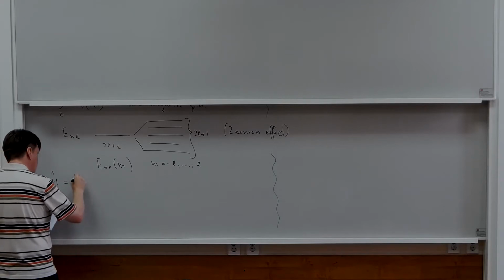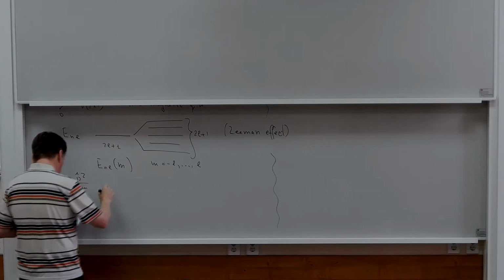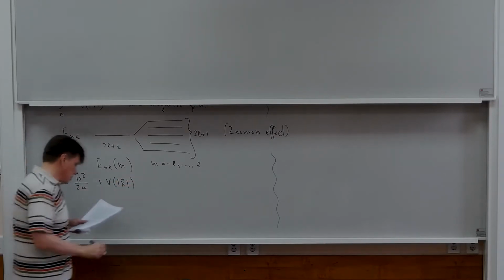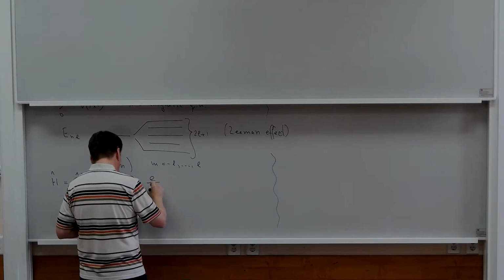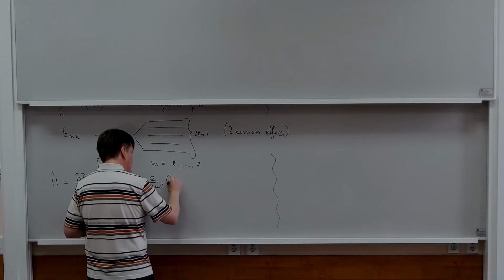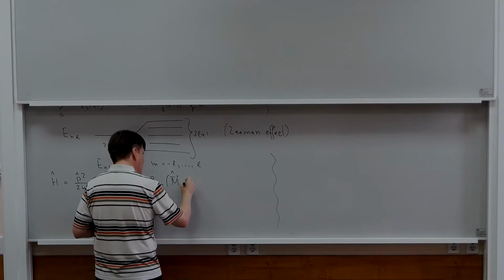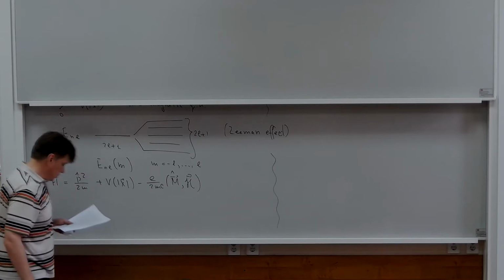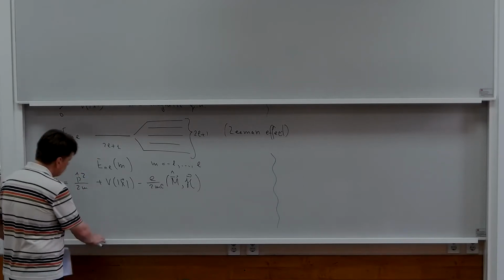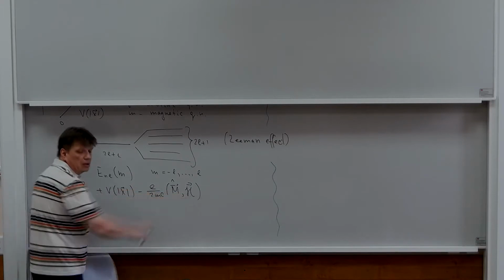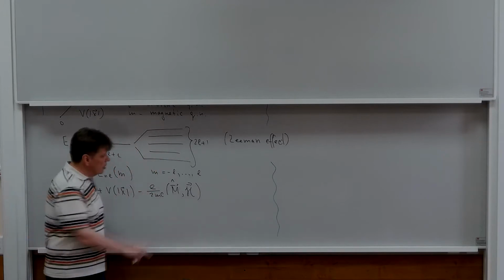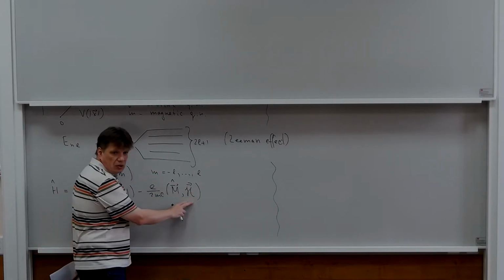H is given by p squared over 2m plus V of the absolute value of x, minus e over 2mc times the angular momentum operator in a scalar product with H, the external magnetic field. Since the magnetic field is assumed to be weak, we ignore all terms quadratic in H, right?